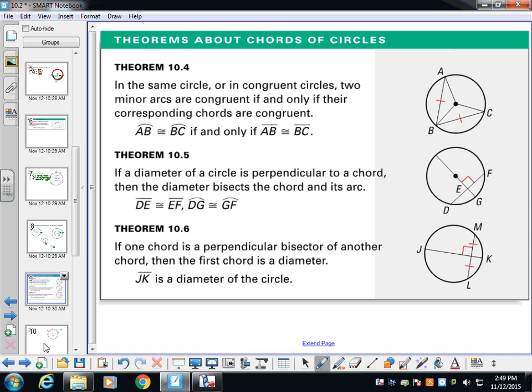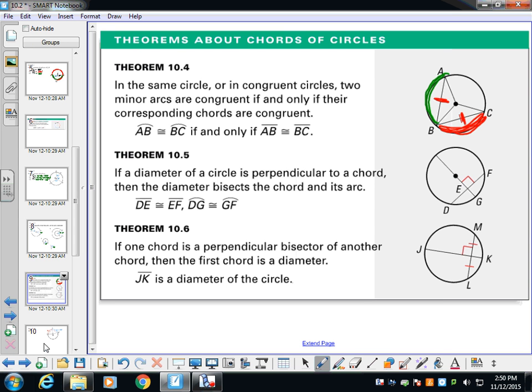Theorem 10.4 says that arcs are congruent if and only if their chords are congruent. So arc AB would be congruent to arc BC only if line segment AB is congruent to BC.